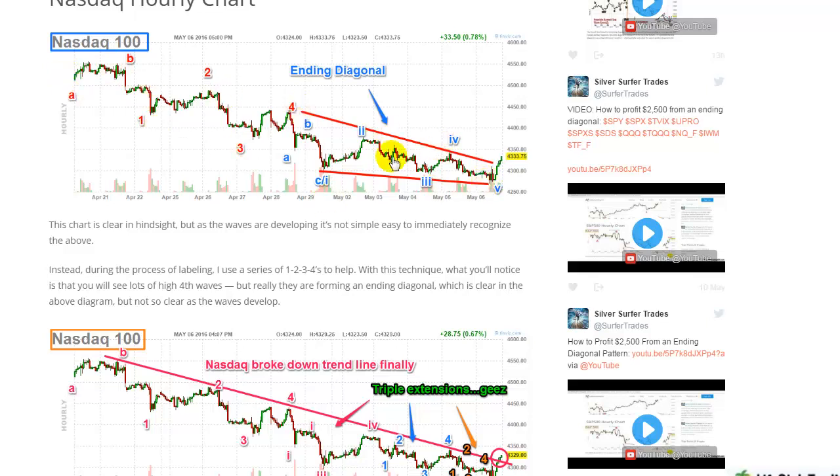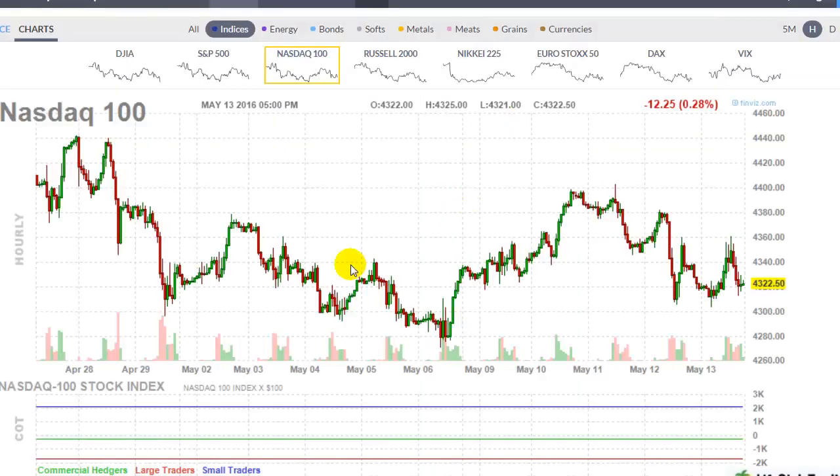So we already have an ending diagonal in the fifth wave position. So it's going to be kind of hard for the Nasdaq to go below this area unless the setup is in place. So it's hard to see that the S&P would drop in a huge big wave 3 if the Nasdaq is not in the same boat as well.